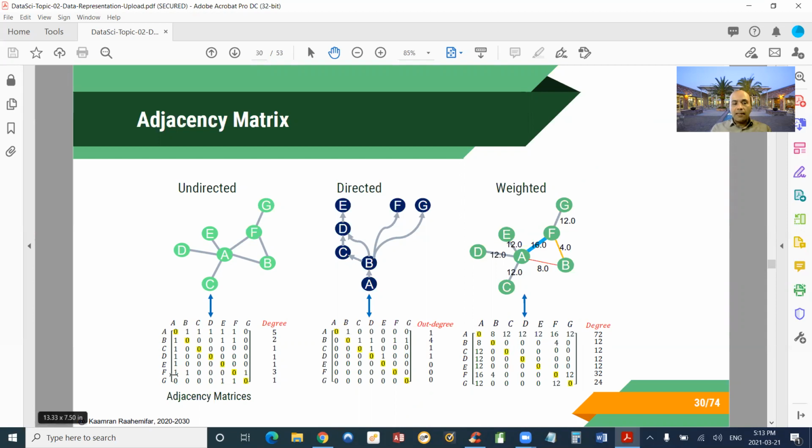And similarly, in a mirror fashion, basically the diagonal is going to act like a mirror in this case. And that's going to be an undirected graph.